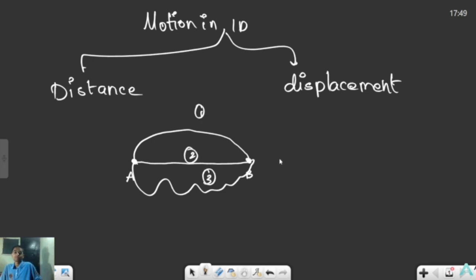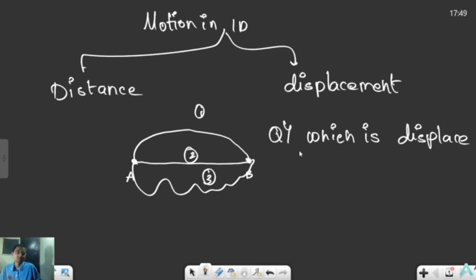So I would like to ask you a question: which one is displacement and which one is distance? What would your answer be here? We know displacement is nothing but the shortest path, so you would say this is displacement.